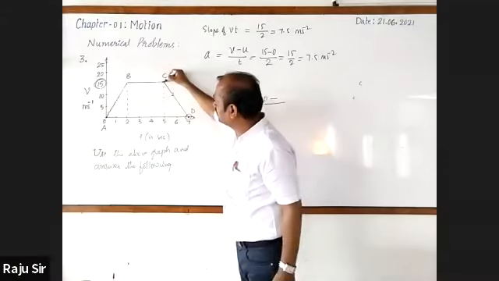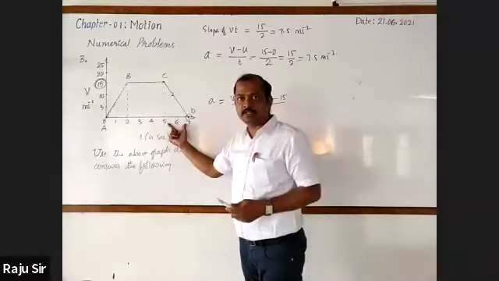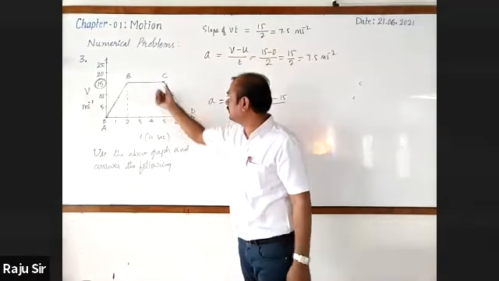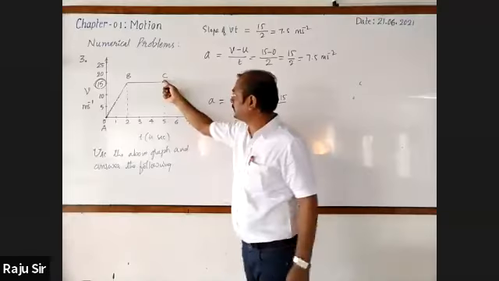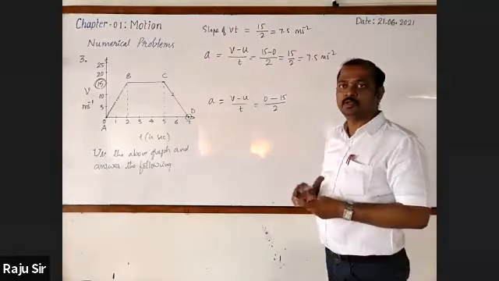And what is the initial velocity? 15 meter per second. It has taken 2 seconds to change its velocity from 15 meter per second to 0 meter per second. I'll write the time here, 2. Now 0 minus 15 is minus 15, divided by 2, minus 7.5 meter per second square.